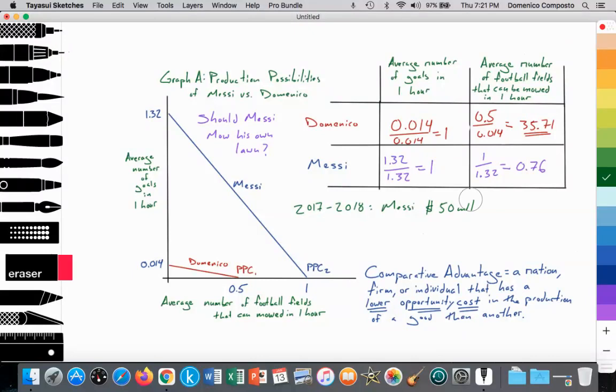And that was his salary plus bonus from Football Club Barcelona.